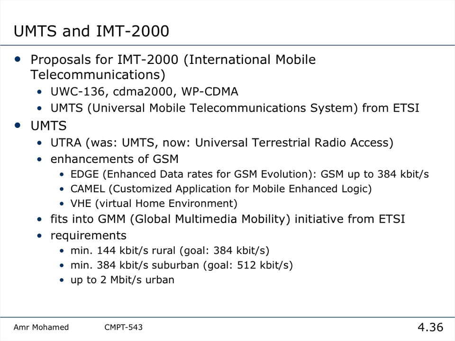Okay, so IMT 2000 is the requirements document. Based on that, some organizations have proposed some standard documents, and later on UMTS was adopted as the universal 3G standards, and that was the proposal presented from the European side.